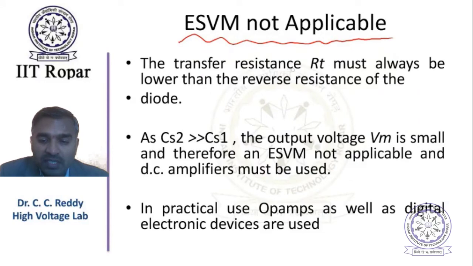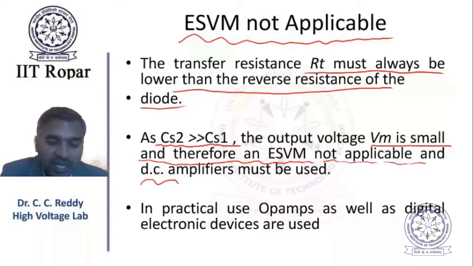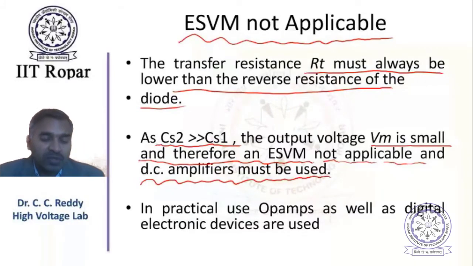The transfer resistance RT must always be lower than the reverse resistance. We have covered this. And CS2 greater than CS1. The output voltage VM is small, and therefore an electrostatic voltmeter is not applicable. So we actually need DC amplifier circuits. We can construct them using op amps or transistors.